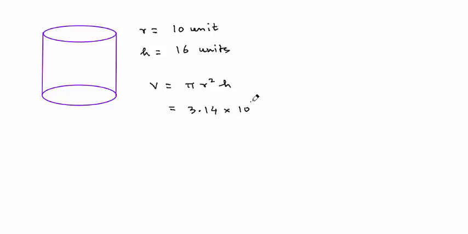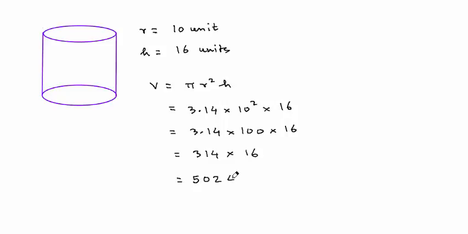So we have 10 squared times the height, which is 16, which is equal to 3.14 times 100 times 16, and that is equal to 3.14 times 100 is 314, and that multiplies with 16. So that gives us 5024 units cubed or cubic units.